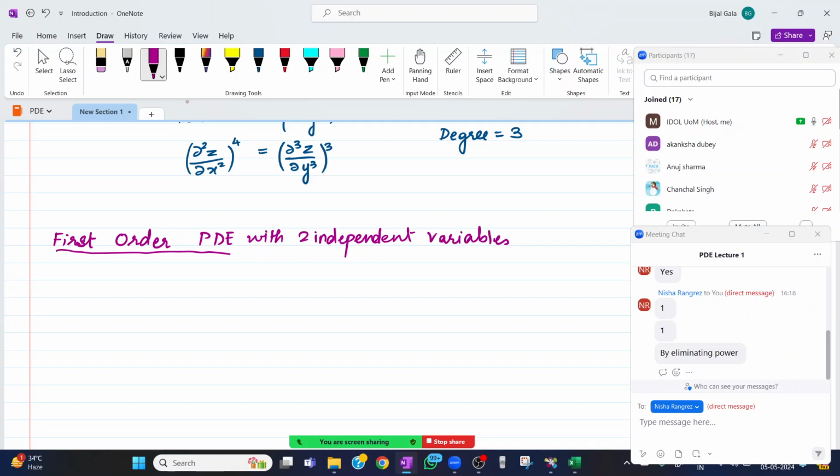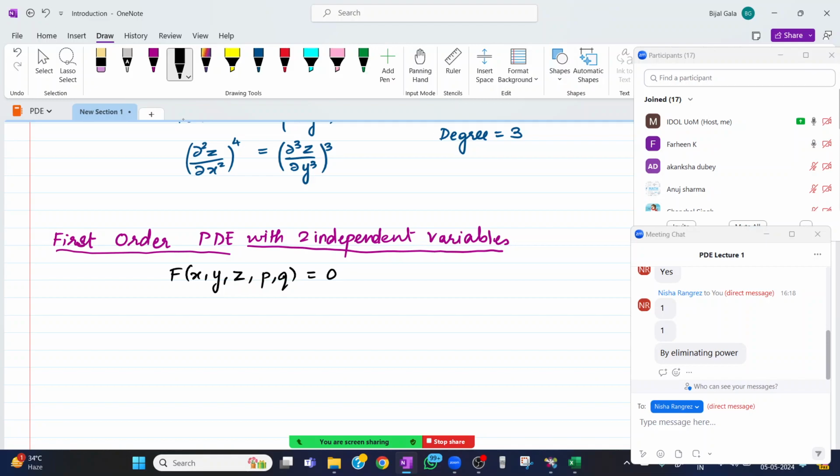So when we talk about this, my general form would be x, y, z or u, whichever, and only p and q. I will not have r, s, and t. I hope this is clear why I will not have r, s, and t.